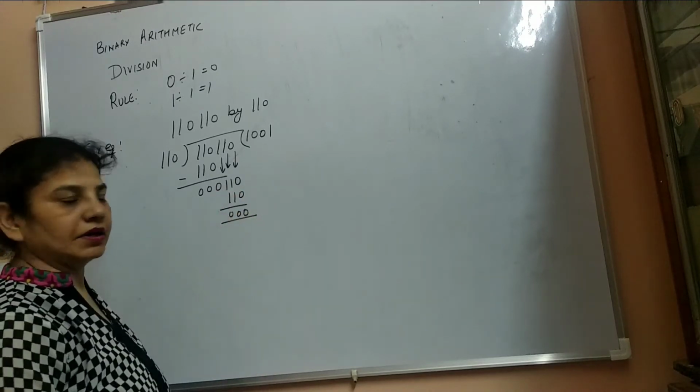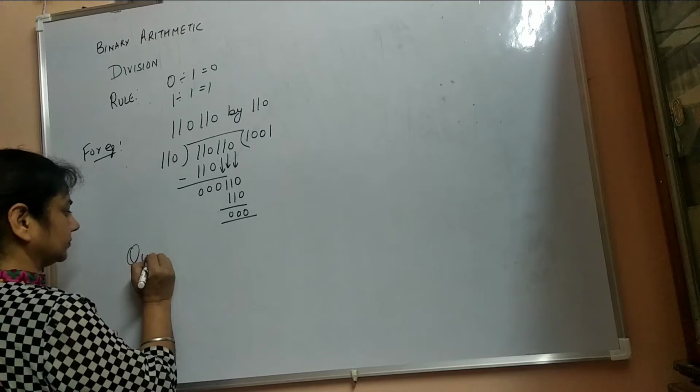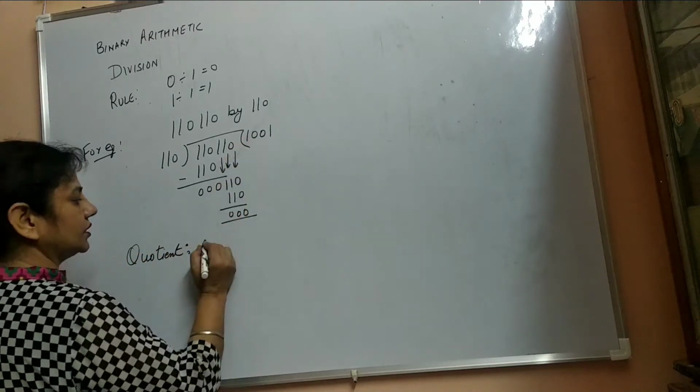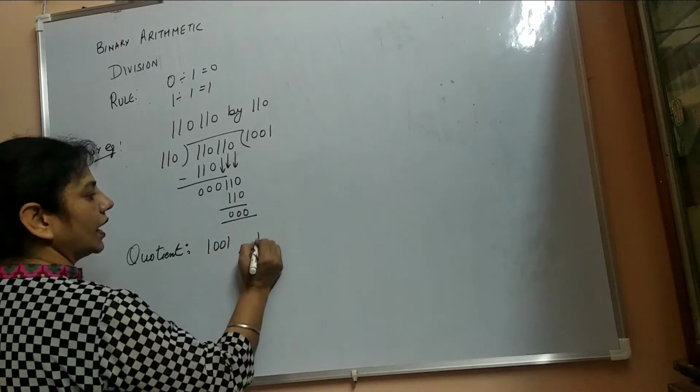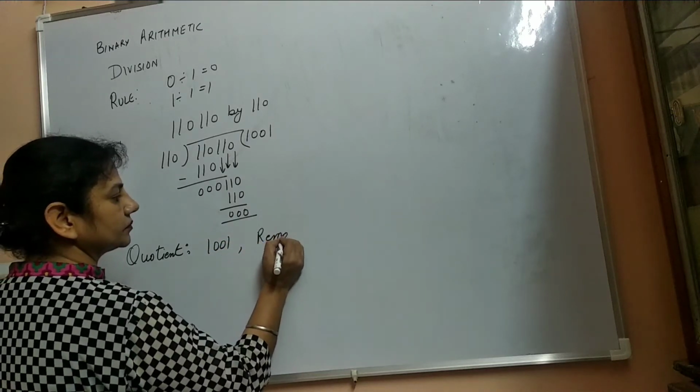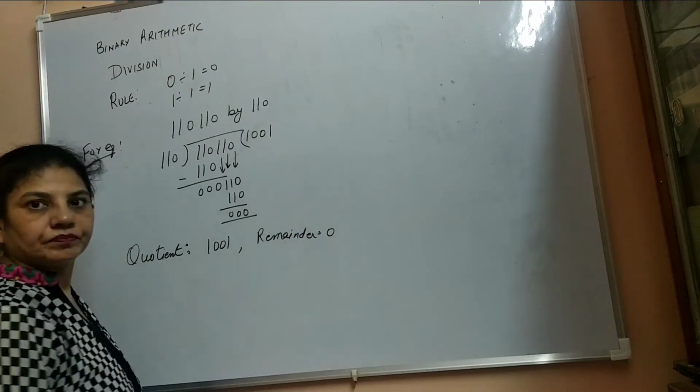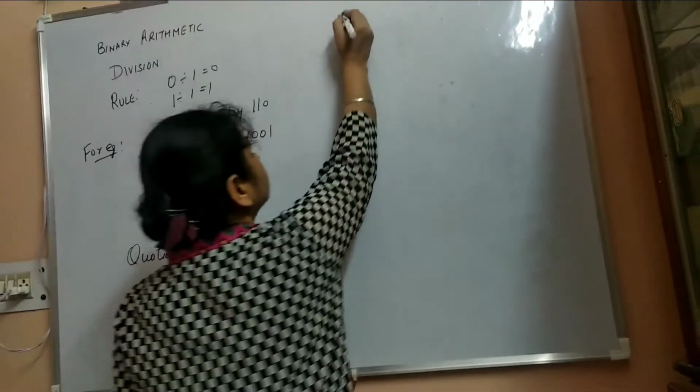So this is my remainder. In this case, the quotient is 1001 and the remainder is 0. I will take one more example.